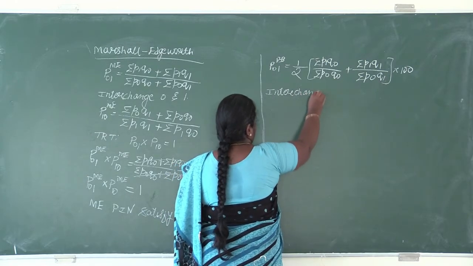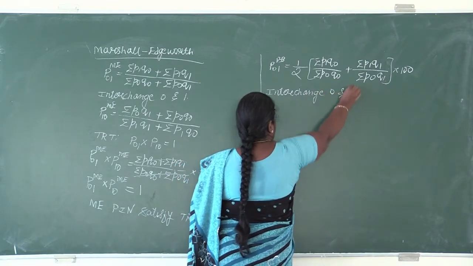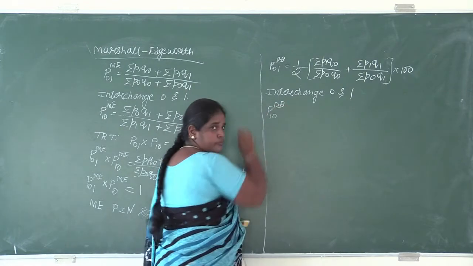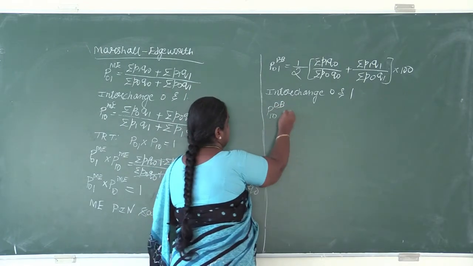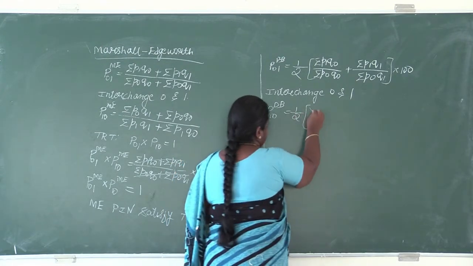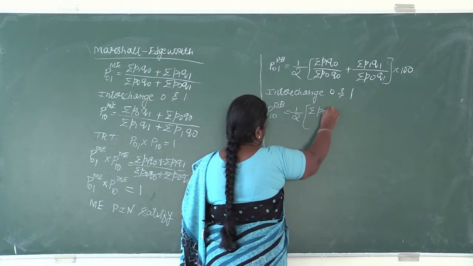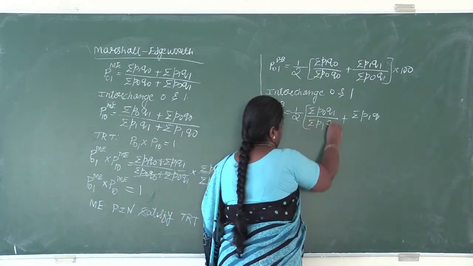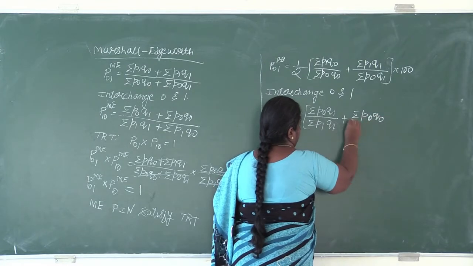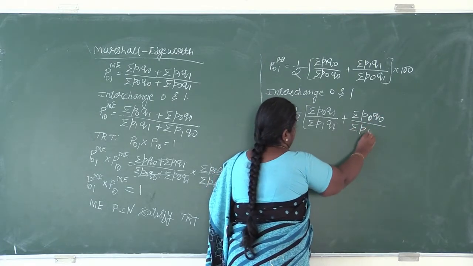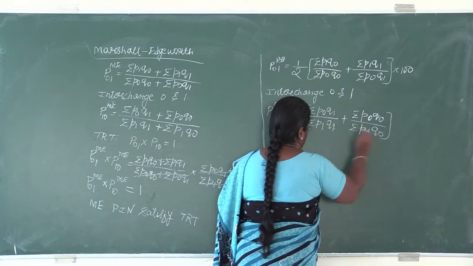Interchange 0 and 1. We'll get P10 Darvish-Pauli equals 1 by 2 into sigma P0 Q1 divided by sigma P1 Q1, plus sigma P0 Q0 divided by sigma P1 Q0.